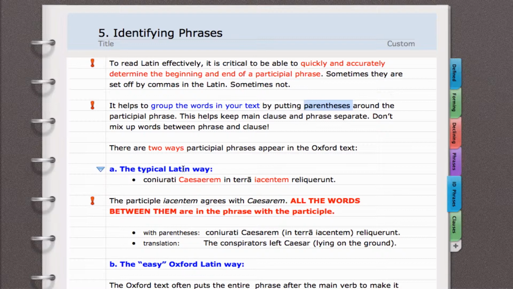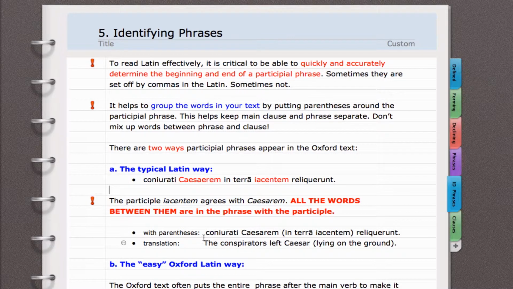The typical Latin way, the way we'll see from now until the end of our Latin careers, you would have them in the middle of the sentence. So, "coniurati Caesarem in terra iacentem reliquerunt" is an example in the book. Iacentem modifies Caesarem. In this typical Latin way, all the words between the participle and the noun it modifies go with the participle in the participial phrase.